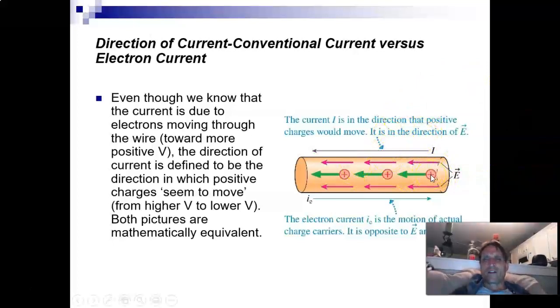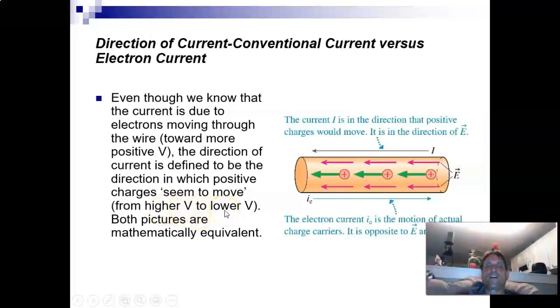So the current is typically described in terms of positive charge moving along the direction of the field, even though it's really the electrons going in the opposite direction. Even though we know that the electrons are moving toward more positive potential, the current is defined by definition to be the direction in which positive charges are moving. And we know positive charges move from higher potential to lower potential.